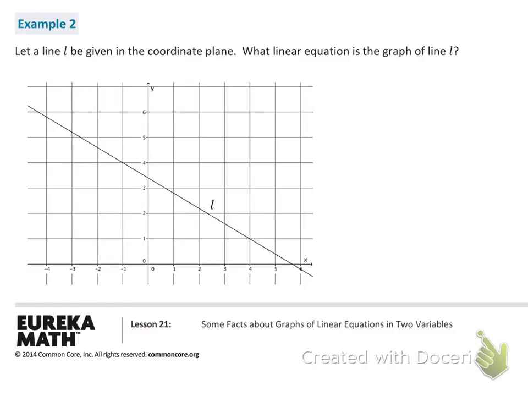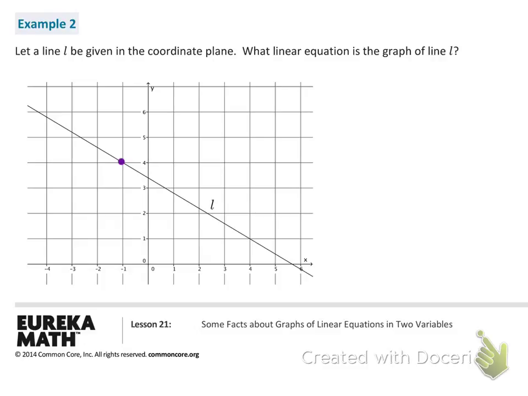Okay, let's do another one. Let L be the line in the coordinate plane that's shown. What linear equation is the graph of line L? So we should be able to find an equation for this line. Once again, I'm going to start by locating those nice points that will allow me to see the coordinates.